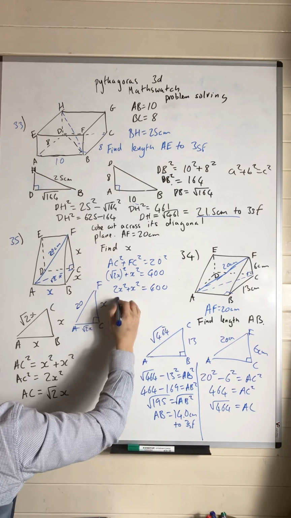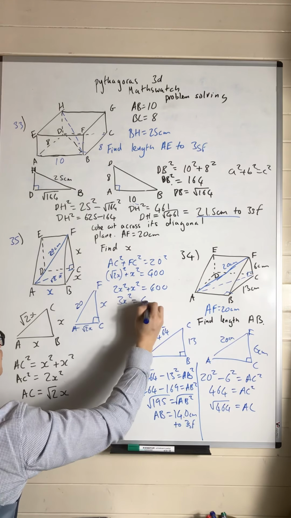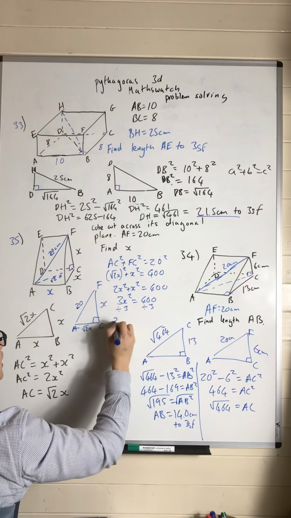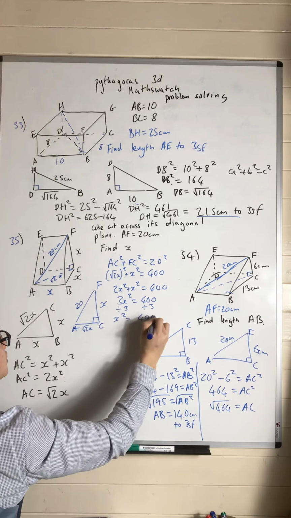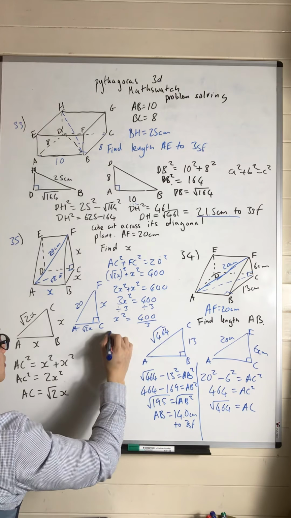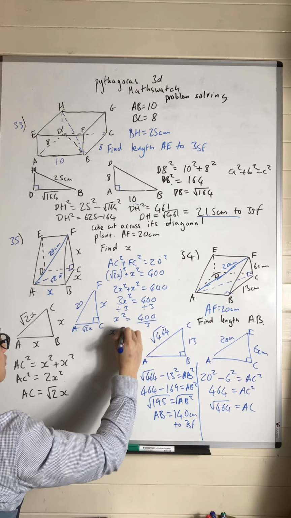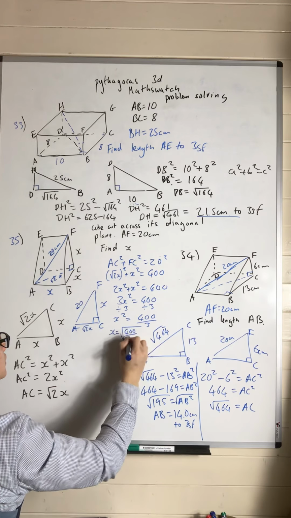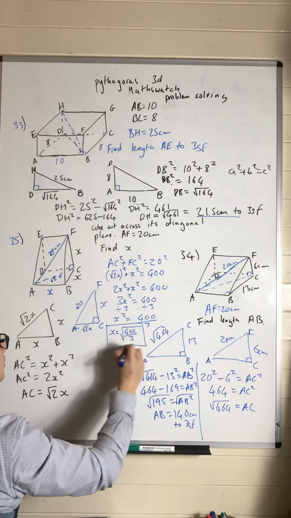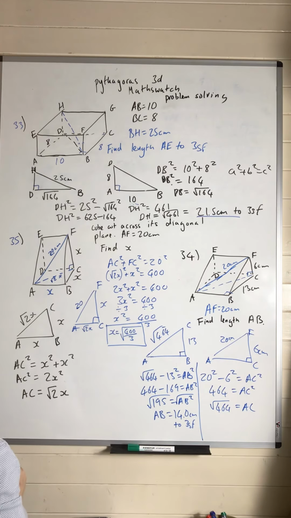Combine like terms, that's 3x squared equals 400. Divide by 3 on both sides, so x squared equals 400 divided by 3. So x equals the square root of 400 over 3. That is the answer for question 35.